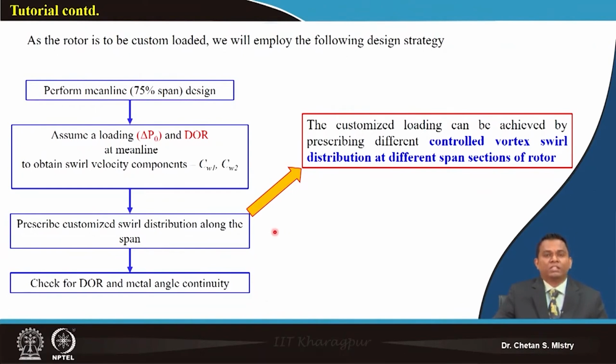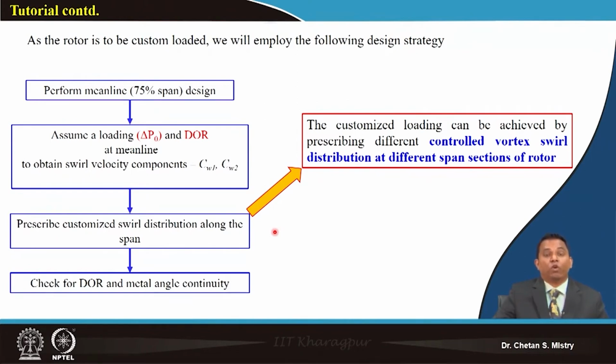Now here there is nothing mentioned in the sense of what needs to be the number for my whirl component or my loading component. That's the reason why we need to keep an eye on the parameter degree of reaction. We can understand if we are reducing our load near the hub region, there may be a possibility that my degree of reaction will go low.